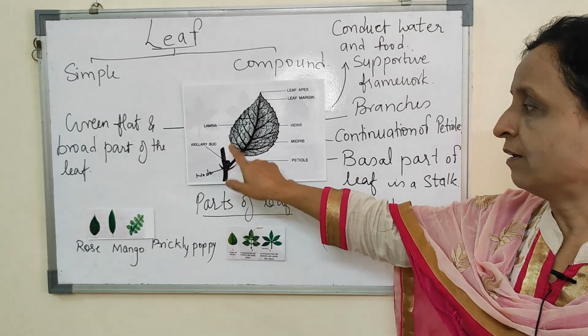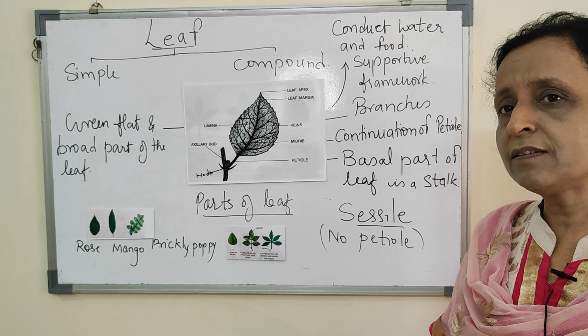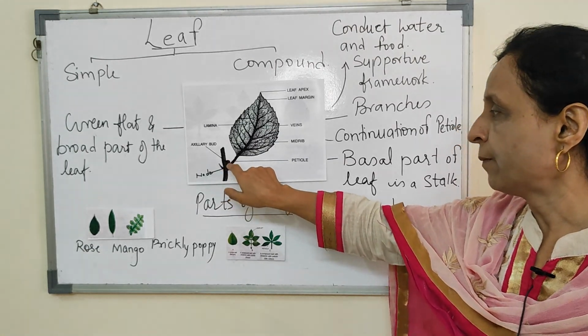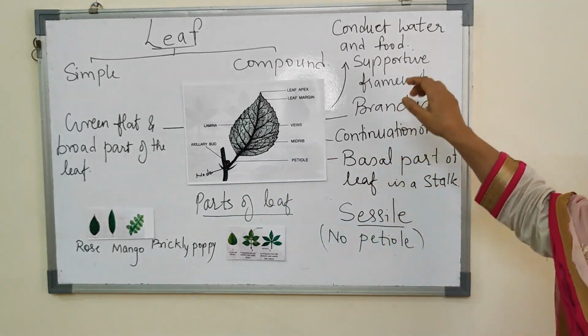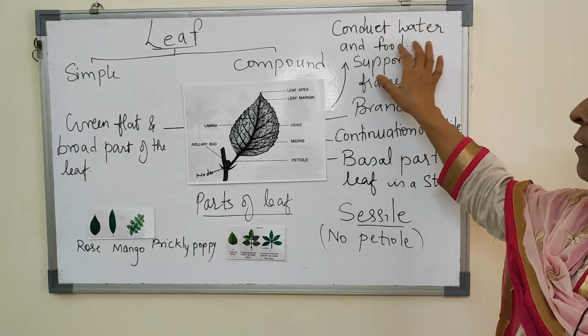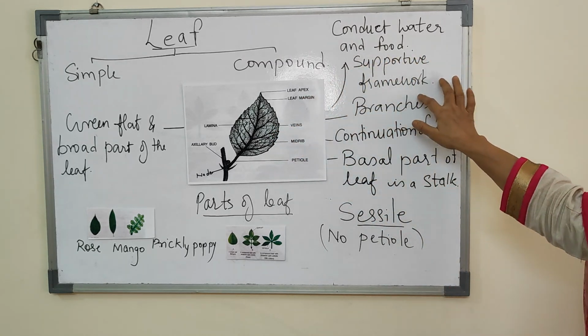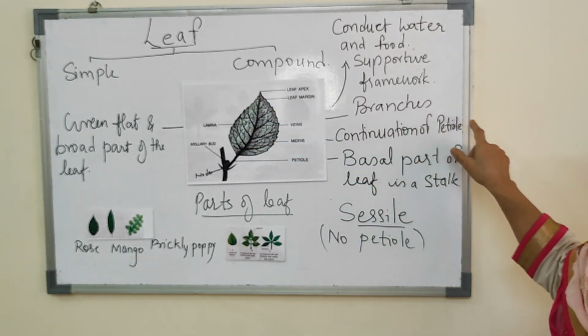There's the axil. Axil is this part, and since the bud is there, that is one axillary bud, and there is a node present here. This is petiole. Conduction of our food takes place with the help of these veins. They form the supportive framework. There is branching throughout the leaf.